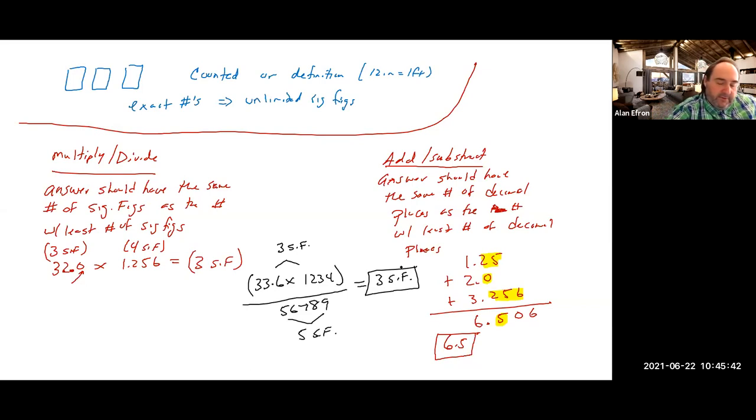So if you're doing multiple calculations, multiple steps, what you want to do is keep track really of your significant figures, and you want to clean it up when it's all said and done at the end.